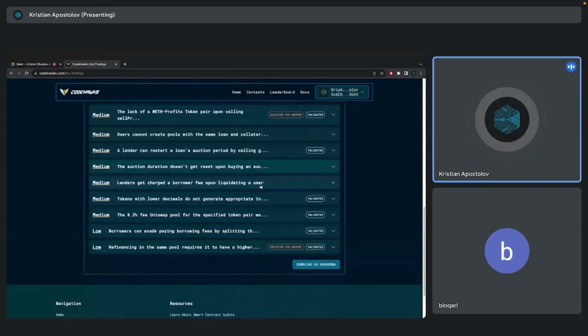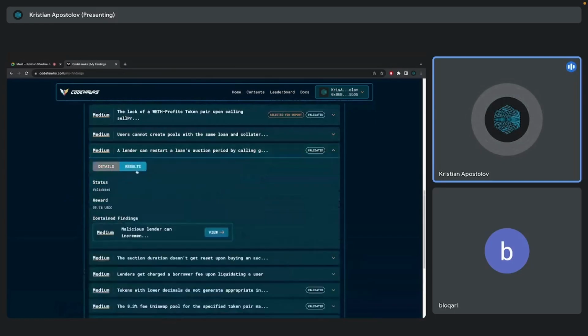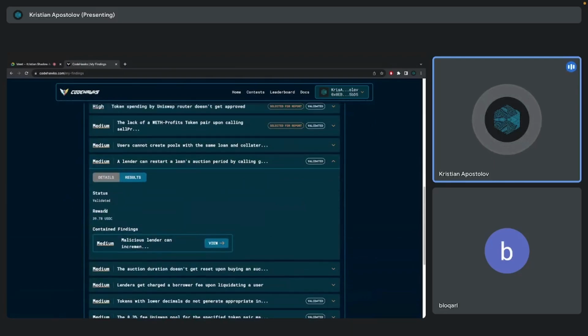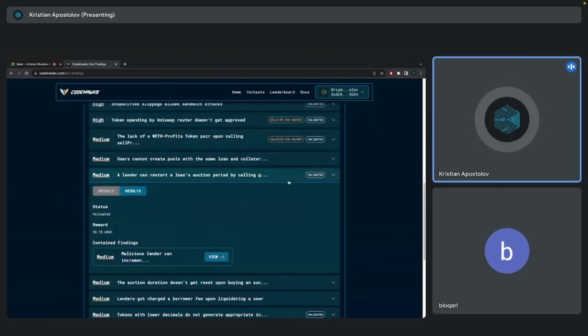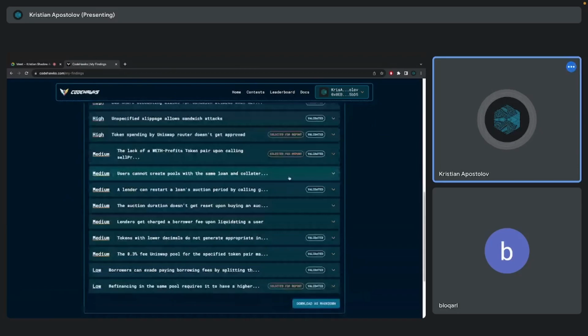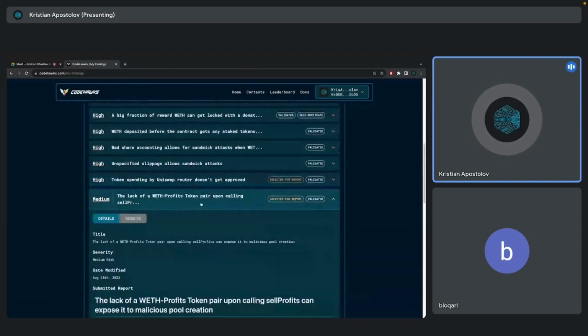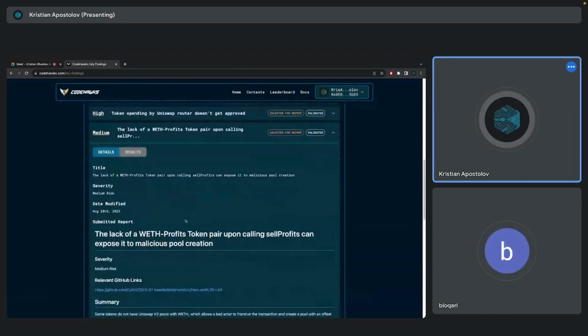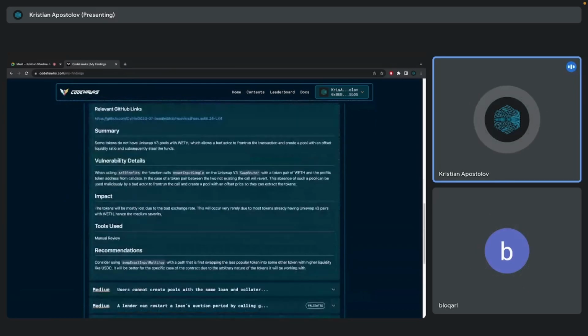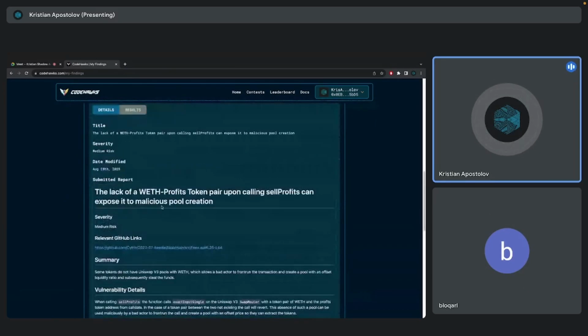Then we can skip those two because they didn't get paid. We can restart the loans period. Again, the thing that I mentioned before, it got us another $40. Again, not substantial, but it's fine. Then I believe this was a solo medium, which was talking about the malicious pool creation or something.